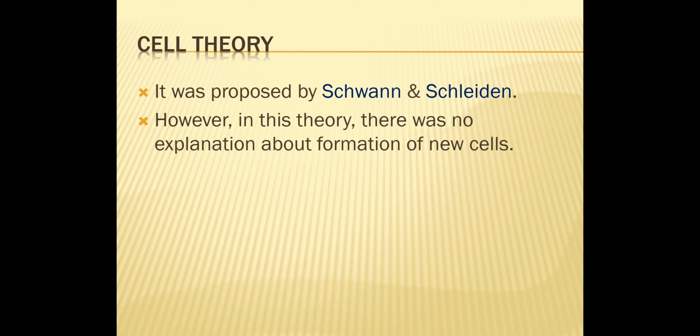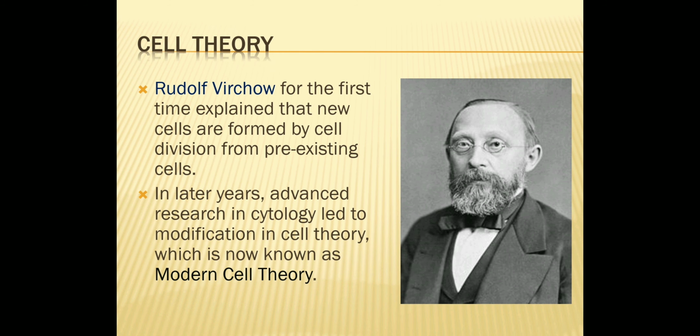They told that it is made up of cells, but how a new cell is formed was unknown. Then a new scientist named Rudolf Virchow, for the first time, explained that new cells are formed by cell division from pre-existing cells.